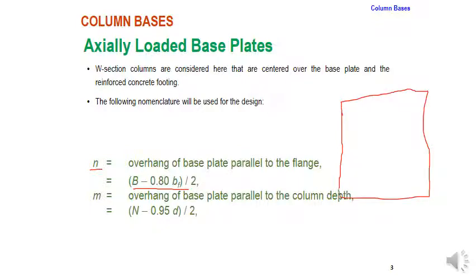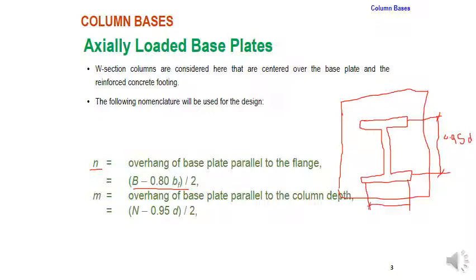If this is the base plate and this is the column, then parallel to the web you may have 0.95 of D, and parallel to the flange, the supported length will be 0.80 of BF.